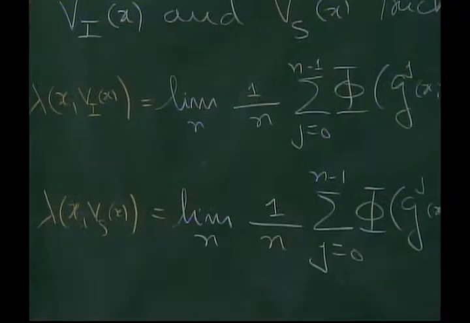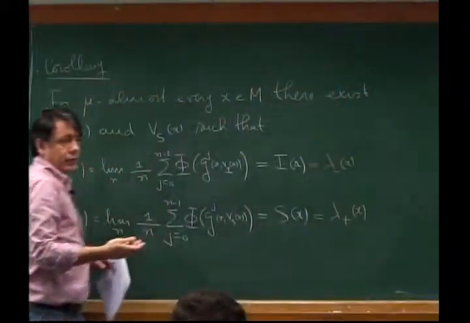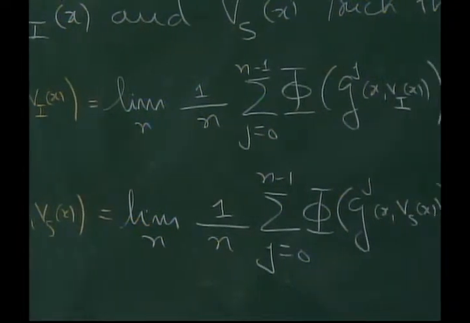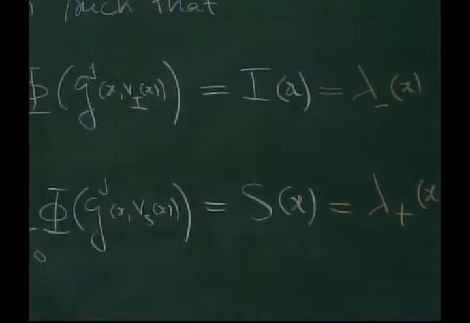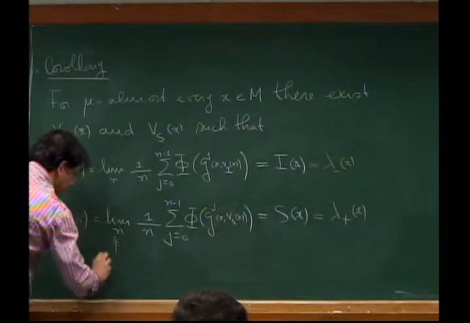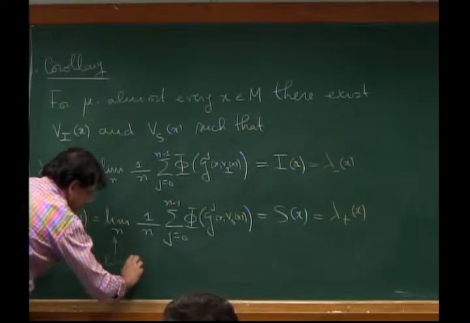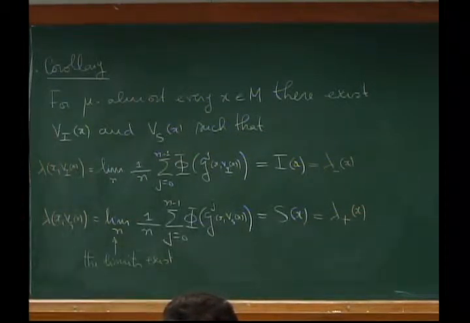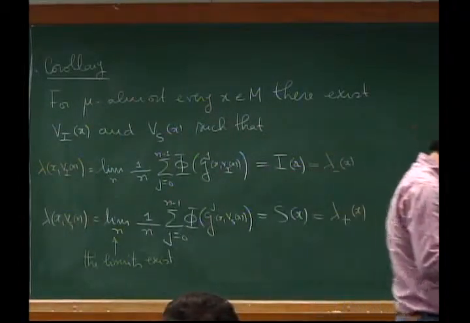These were defined as the rate of growth of the norm and the conorm, and I'm saying that they are realized by some vectors. Also, for these vectors, the limits exist, which is the kind of statement that we want to obtain.